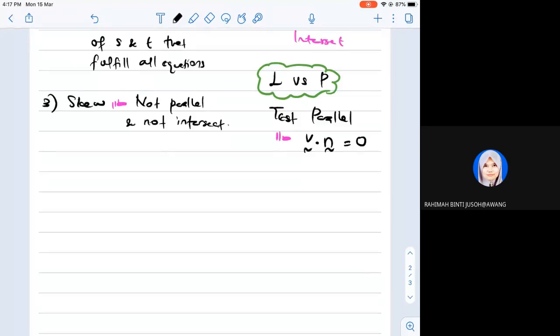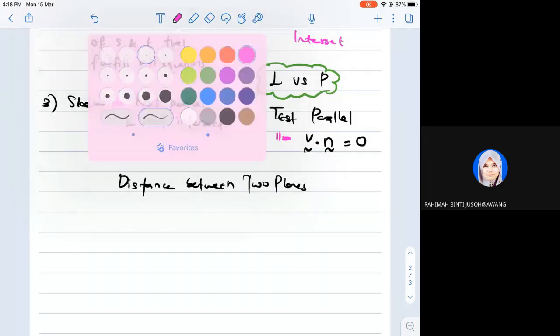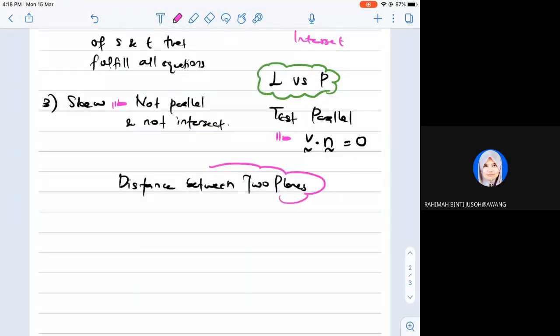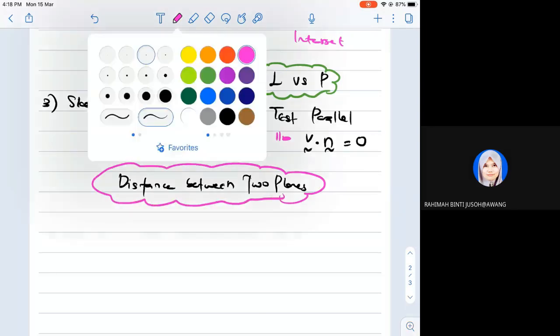And then what else dalam subtopik ni? Distance, yes, distance. Last sekali kita akan belajar distance between two planes. Okay, distance between two planes. We will have a formula like this.